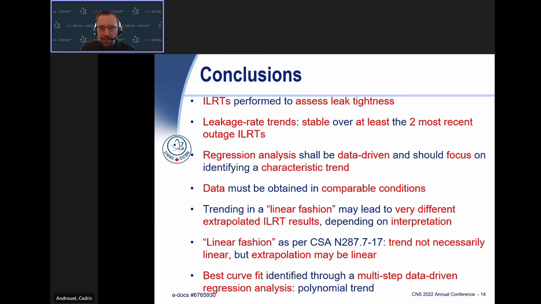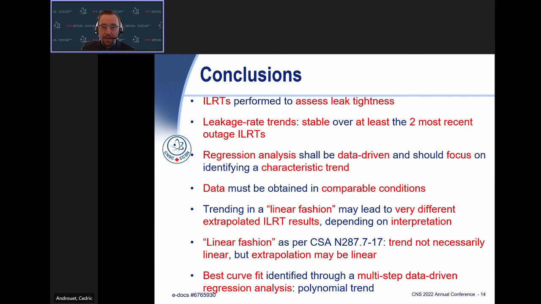A particular attention has to be paid to whether the data considered in the regression analysis may be compared to one another. Data obtained in comparable conditions has to be the only data considered in the process of identification of a trend. Trending ILRT results in a linear fashion may lead to very significantly different extrapolated ILRT results, depending on how the linear fashion requirement is interpreted.